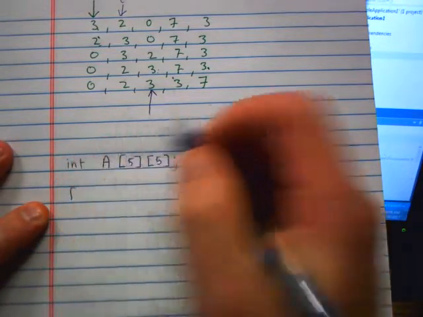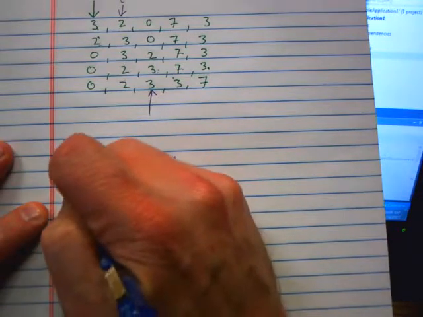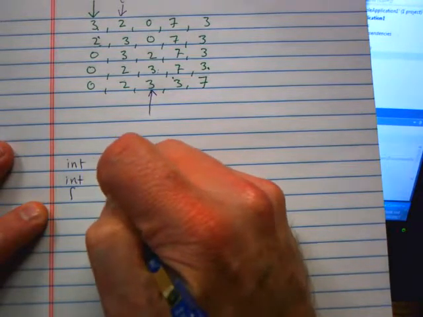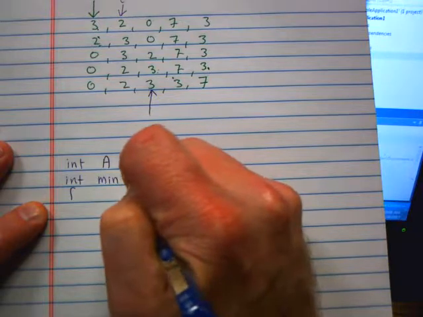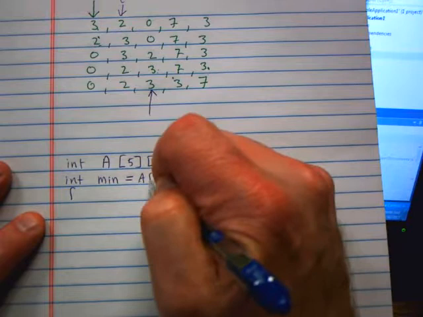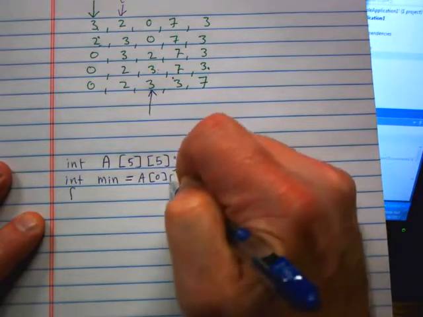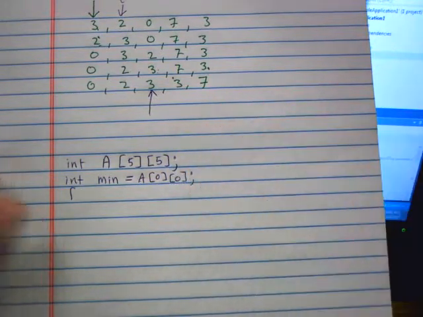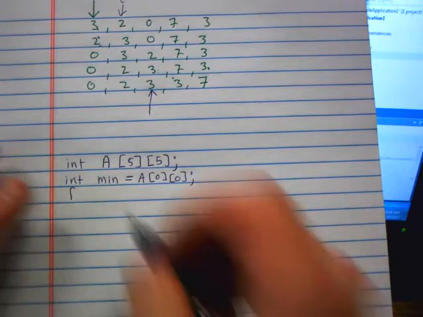Well, first, I think we said we need another variable, int, I'll call it min, equals, and I want to initialize that to the very first thing. So what's the very first thing? A at 0, 0. So we start by saying, well, the minimum's the very first thing. Start with that. Then we need a for loop.